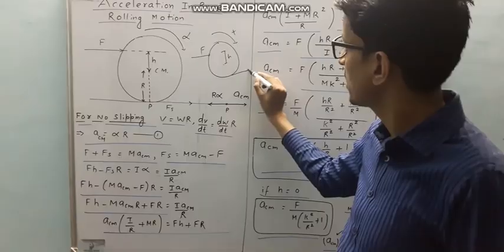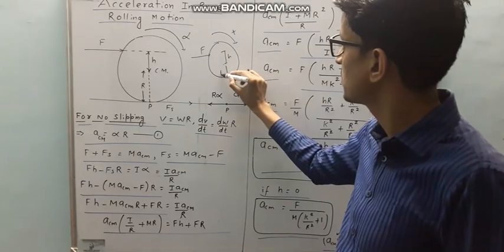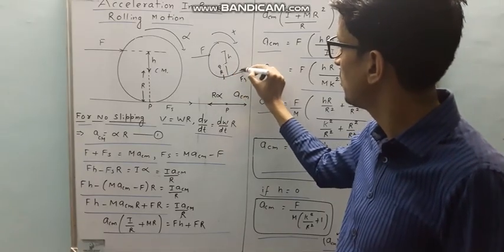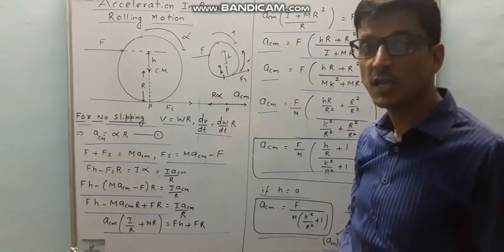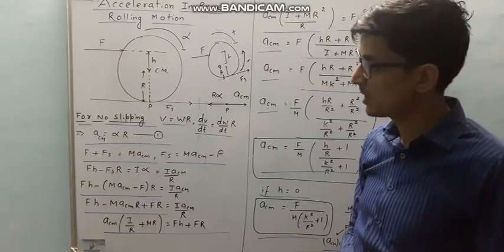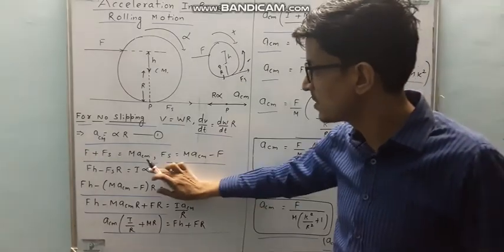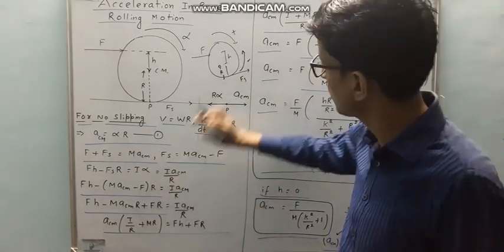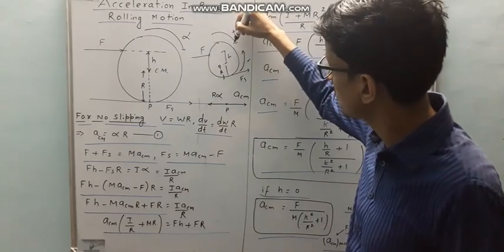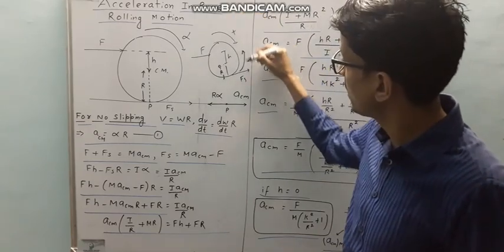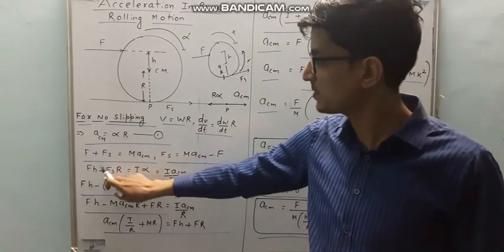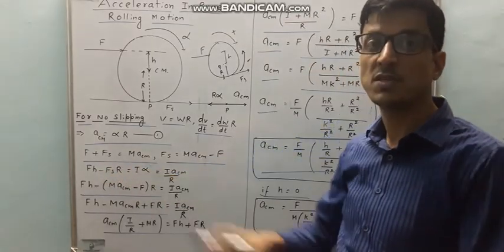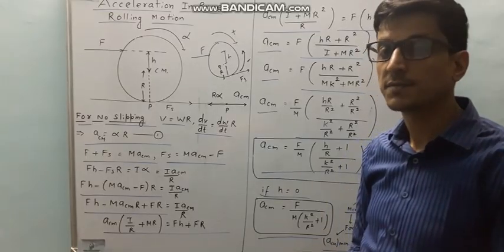Similarly, the force Fs about the center of mass will produce a torque in anti-clockwise direction. We have taken that as negative. We know that net torque is equal to I alpha. So the net torque is Fh in clockwise direction and minus Fs into r in anti-clockwise direction. So we have Fh minus Fs into r, which is equal to I into alpha.